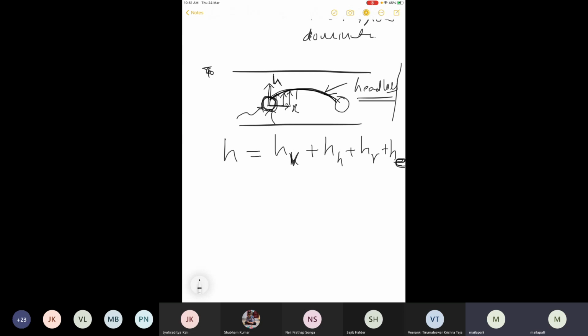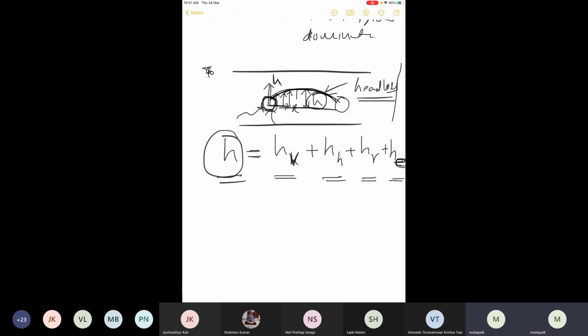So the total H is basically a sum of vertical head loss, horizontal head loss, radial head loss, and entrance loss, all in combination. We are going to see one by one to estimate what HV is, what HH is, what HR is, and what HE is. Then finally we'll find what H is.